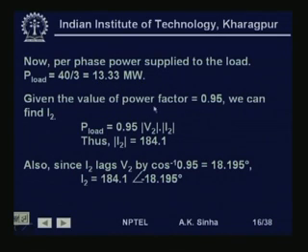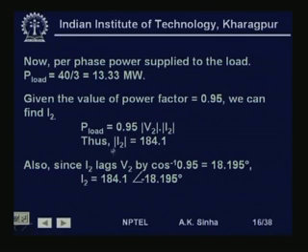Given the value of power factor, which is 0.95, we can find out the current at the receiving end, I2. Now, we know P is equal to V I cos phi. So, the receiving end power P load will be equal to 0.95 into V into I, and therefore, substituting the value of P load and V2, we get I2 as equal to 184.1 amperes.